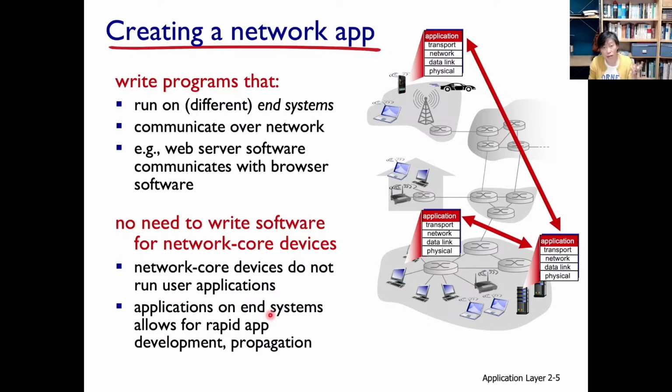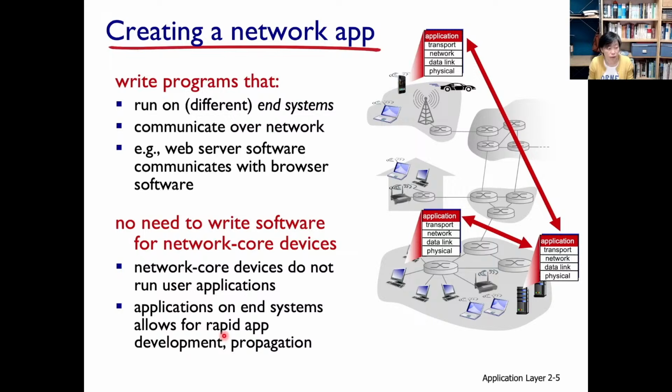So clients, limited devices such as a smartphone, a laptop or a desktop, are on the edge of the internet. But you see here, servers, more powerful machines, can be quite expensive. Some of them can be just as expensive as the routers. But these servers are also at the edge of the internet. They are also end systems. Just don't be confused.